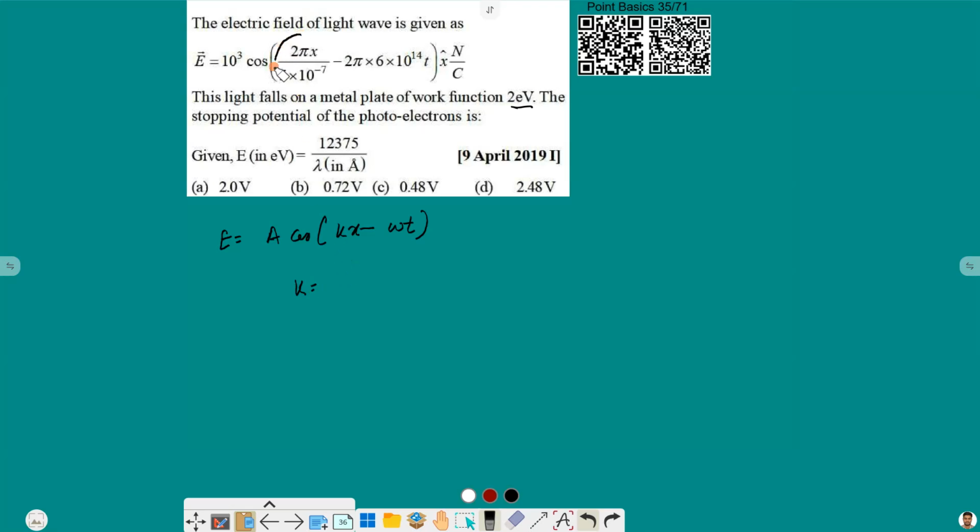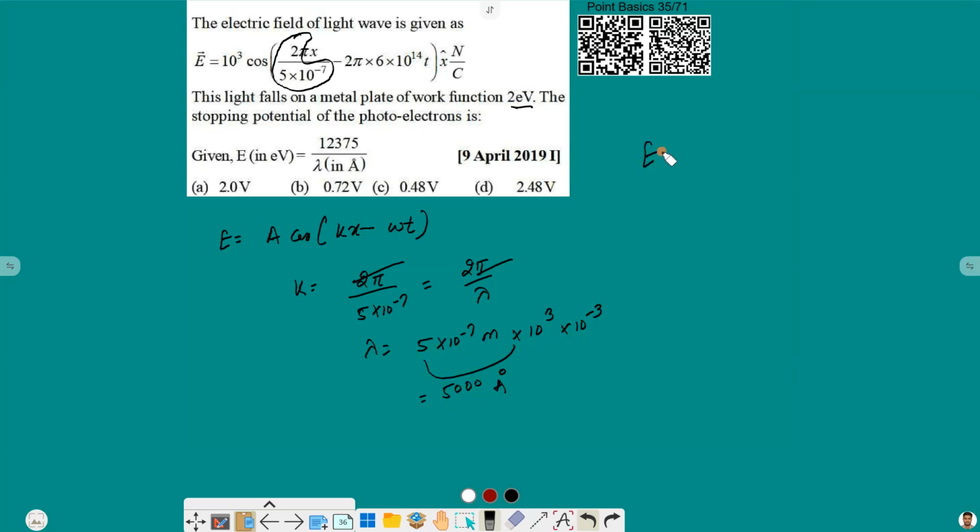from this, k will be 2 pi by 5 × 10^-7, and then we know k is 2 pi by lambda. So from this, lambda comes out to be 5 × 10^-7, and that is in meter. So if I multiply by 10^3 to 10^-3, this will give us 5000 angstrom.